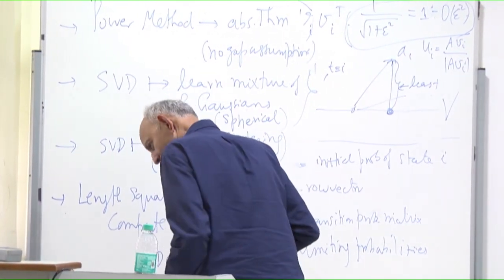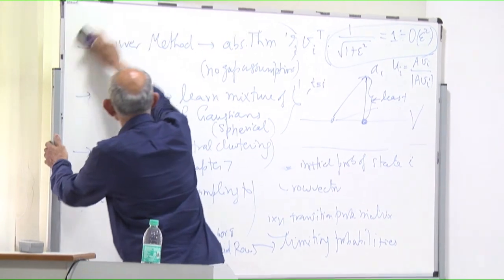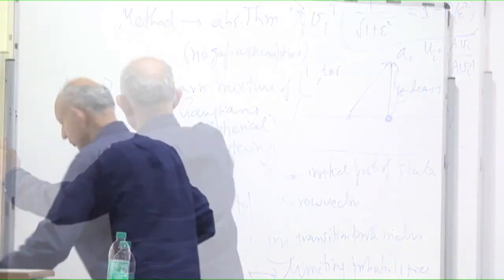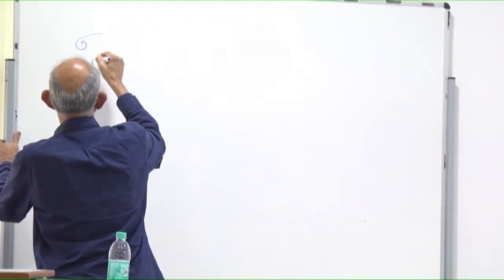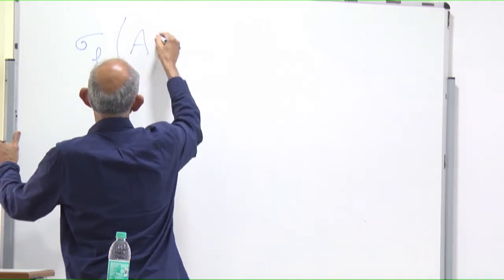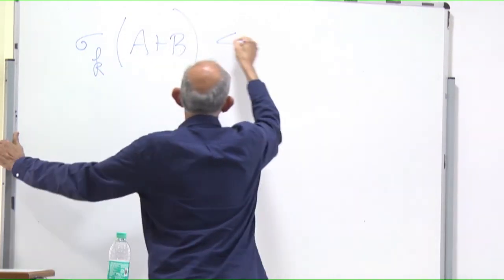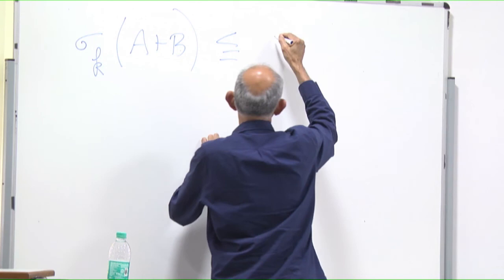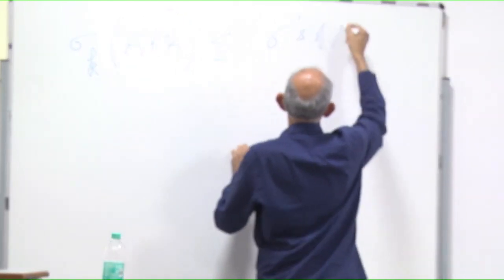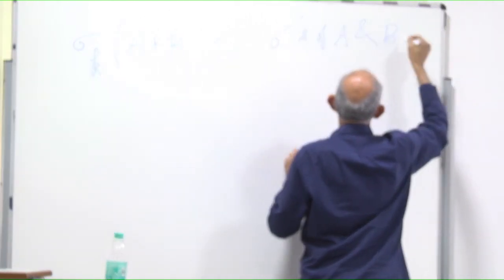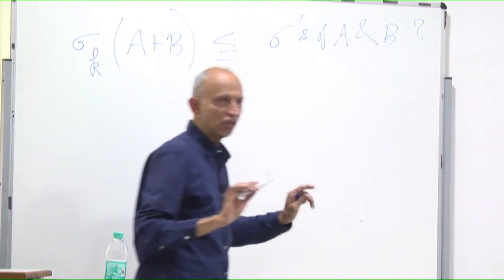So here is the kind of. Okay, let's erase this. Suppose I want sigma k of A plus B in terms of sigmas of A and B. What can I say in general?